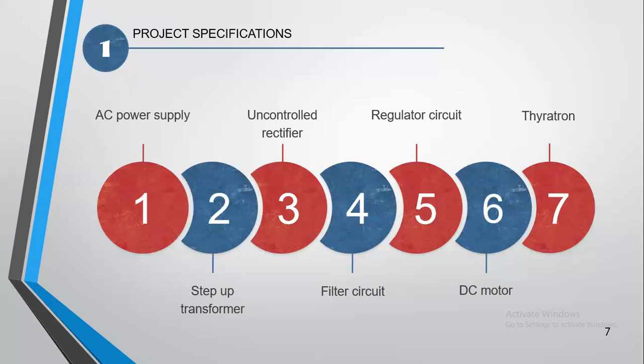The filter makes the signal from the uncontrolled rectifier as constant as possible, and the regulator circuit ensures a rated DC value reaches the DC motor, so it will not be less than or more than the rated value, because the AC power source will change based on the grid we have. And finally, the Thyratron itself, which is the switching device that will control the DC motor.